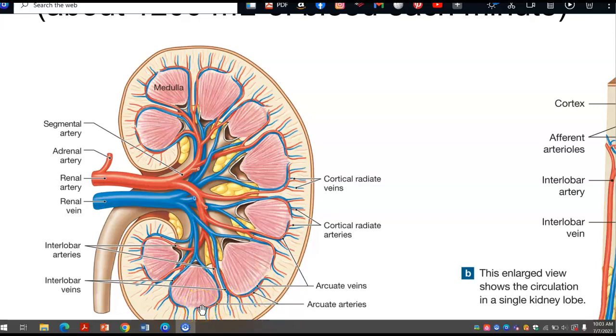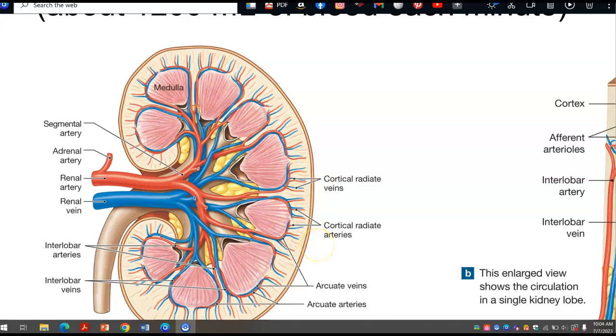So it's interlobar arteries, and then arcuate arteries would be these that kind of come around the top part of the pyramid. And then you have these little arteries that kind of radiate into the cortex, and so they're called cortical radiate arteries. And now they're going to branch into much, much smaller capillaries that aren't even named.